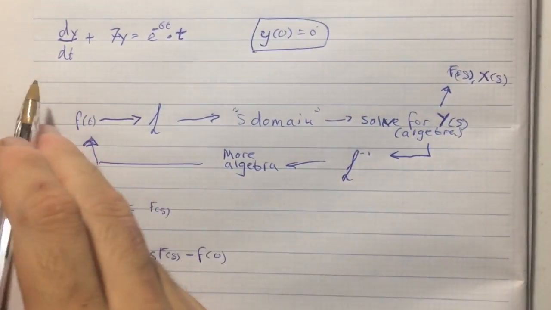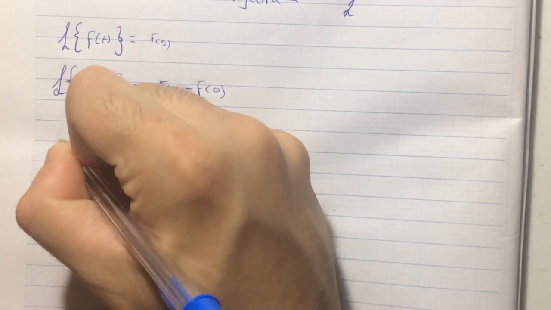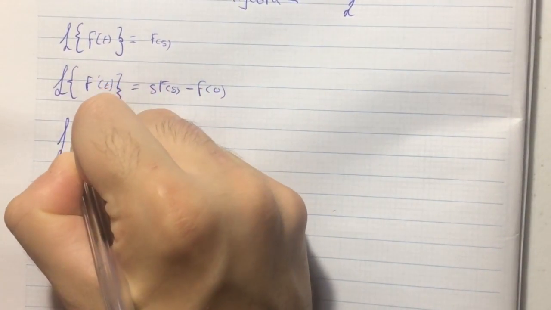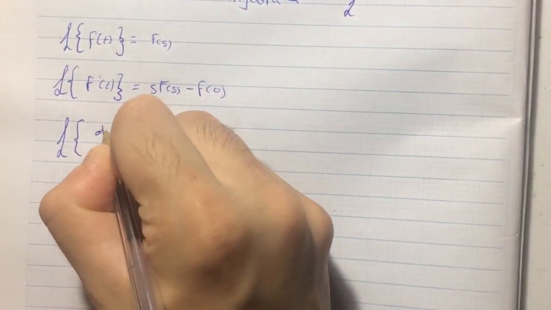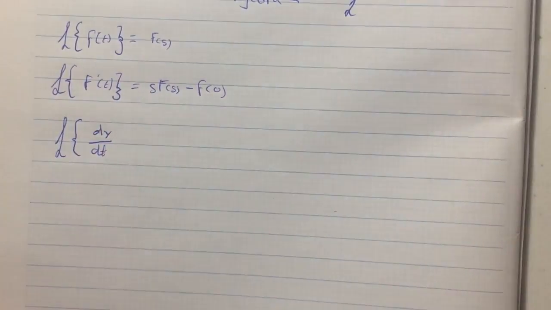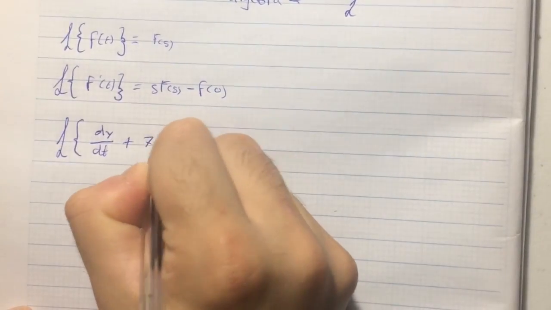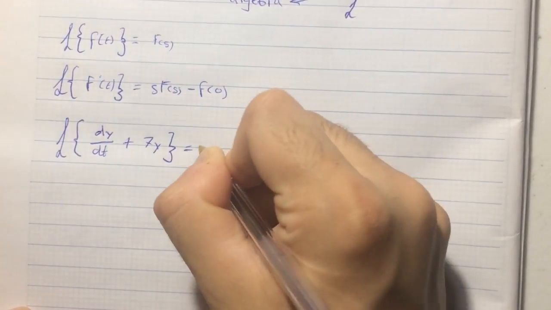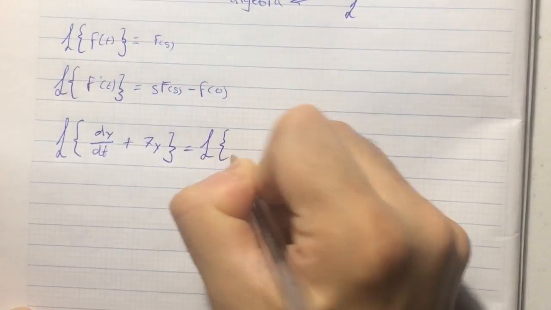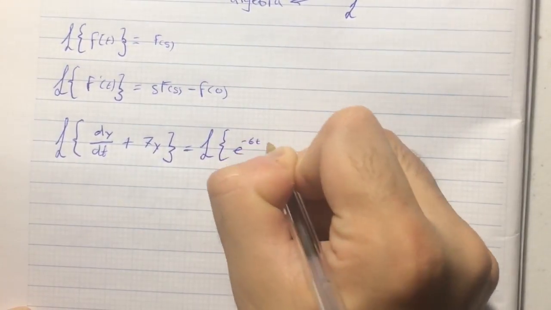So let's get started. I'm going to take the transform of the entire equation. So the Laplace transform of dy/dt plus 7y is equal to the Laplace transform of e to the minus 6t.